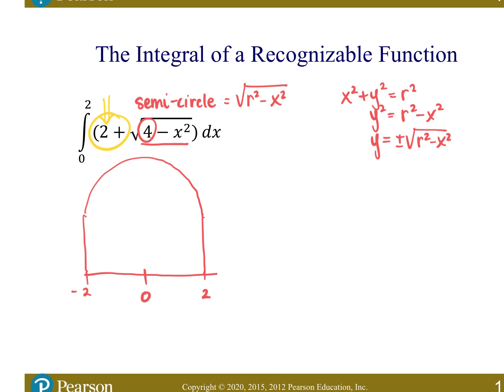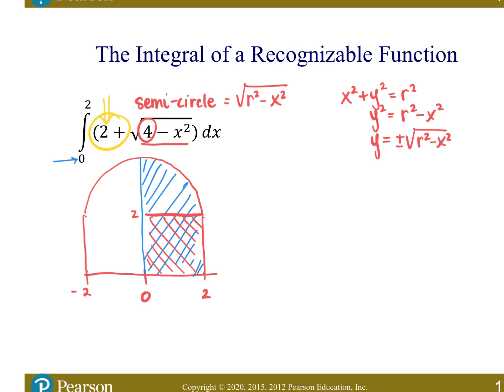Okay, but even more particular, we're looking at where the boundaries are. And so we're looking at, oh no, it's not really the whole thing. It's half of it. So I'm going from 0 to 2. And what I've got is a quarter circle on top of a square. So you'll need to recognize the different shapes.